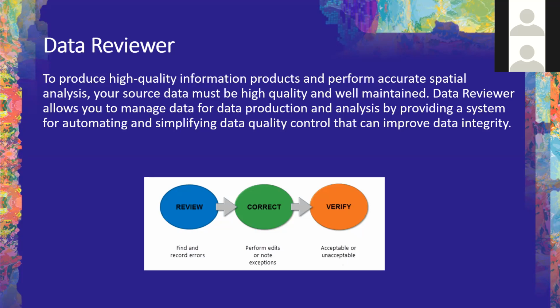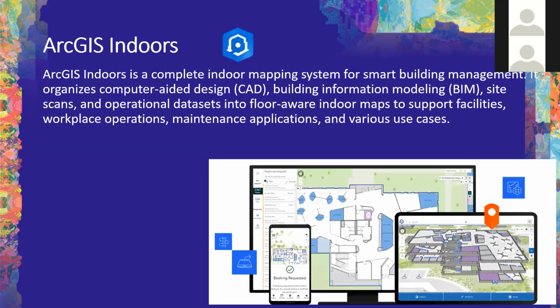Right. Then the Indoors extension. I will quickly go through this because it is totally for indoor mapping. So floor plans, indoor related maps, and we can create network analysis inside the building, or have positioning applications. We can have this model.